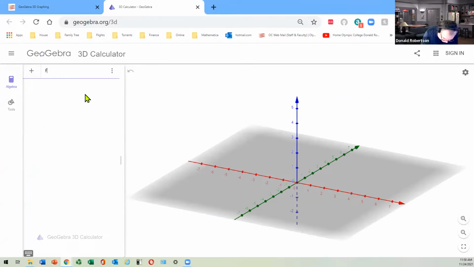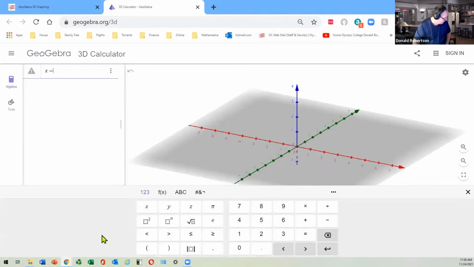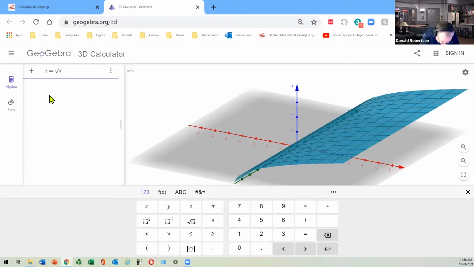So let's suppose I wanted to find out what the graph of the square root... Oops, let me redo that as z equals the square root of x squared plus y squared.